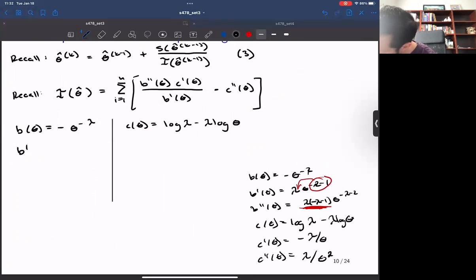For b prime theta, we're taking the derivative with respect to theta. So this is going to be lambda times theta to the negative lambda minus 1. And for b double prime theta, we'll have lambda negative lambda minus 1 theta to the negative lambda minus 2.